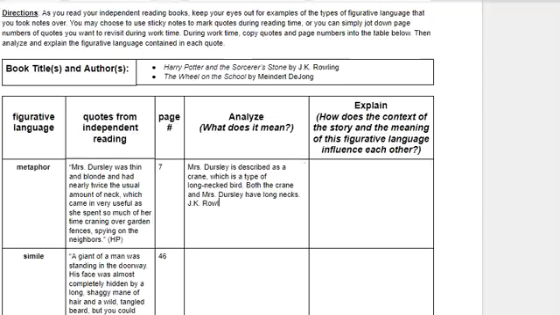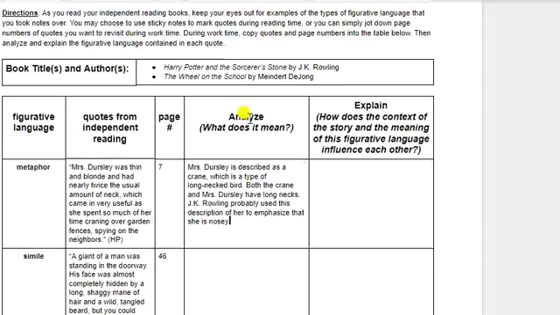I'm going to say J.K. Rowling probably used this description of her to emphasize that she is nosy. Okay? Which makes sense because this line here says she spies on the neighbors. So that's all I have to do here for analysis.